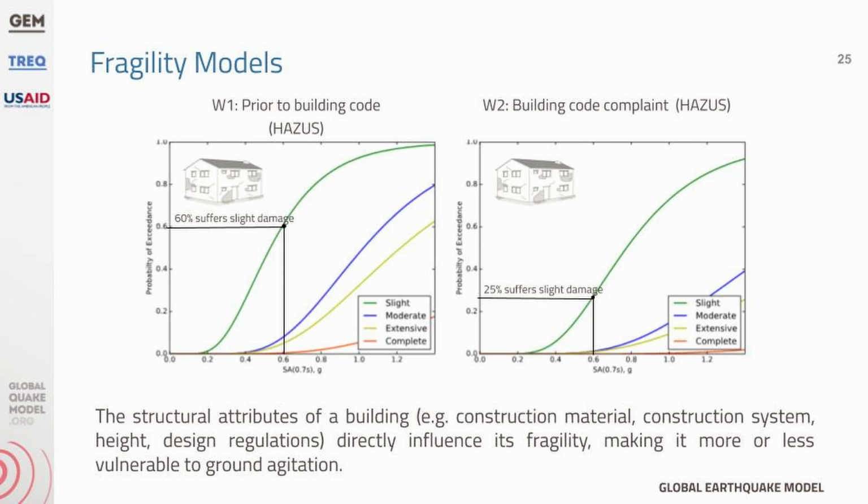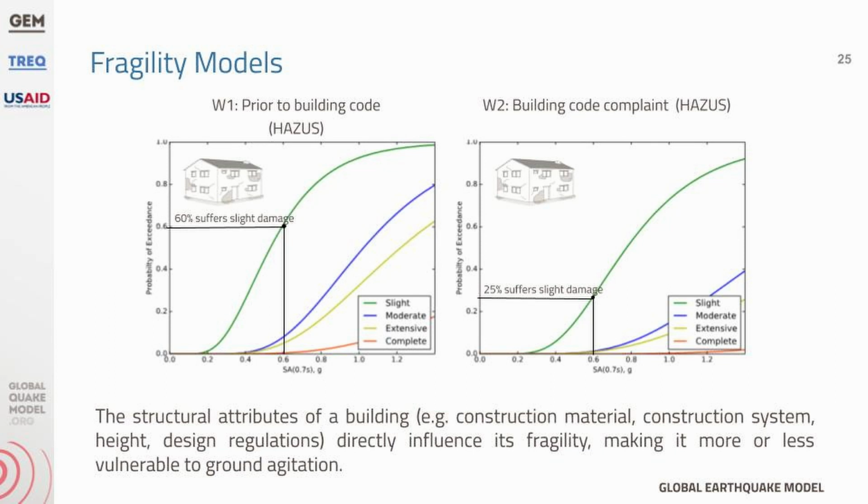For a spectral acceleration of 0.6 g, we can see that the structure without seismic provisions has a 60% probability of exceeding light damage, as compared with a 25% probability that would be obtained for the properly designed structure. In fact, it has a much higher chance of exceeding any of the damage states.